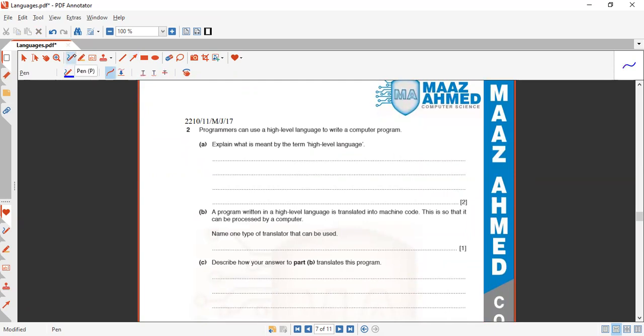Now it's over here. Programmers can use a high-level language to write a computer program. Explain what is meant by the high-level language. Yeah. Now you need to basically define the high-level language. No idea?